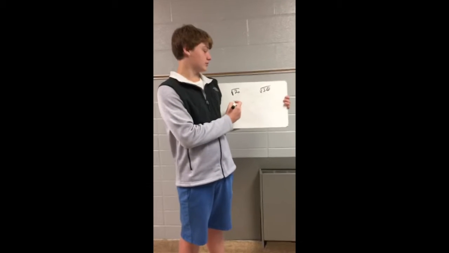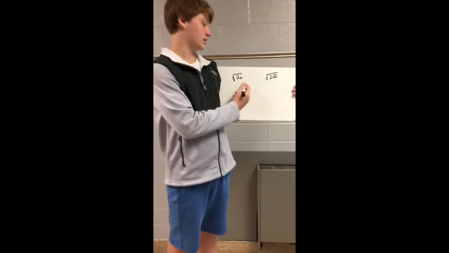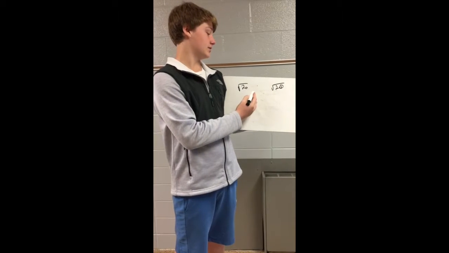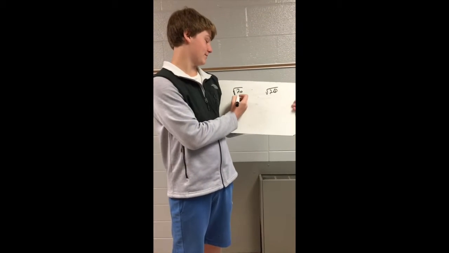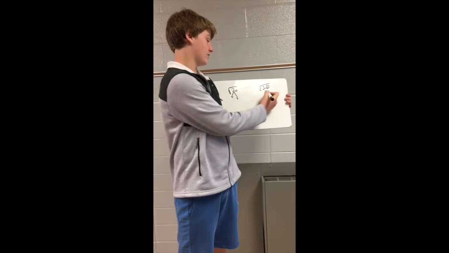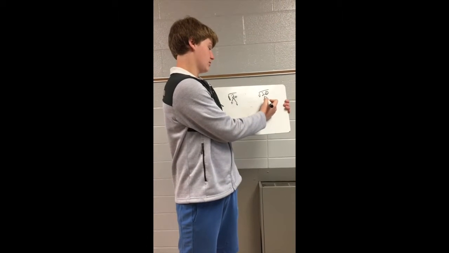To multiply radicals, we can do it one of two ways. First, we can multiply as it is now, or we can simplify first, because you don't need to have the same radicand when you multiply. So, to break it down first, these we can break down to 5 and 4.